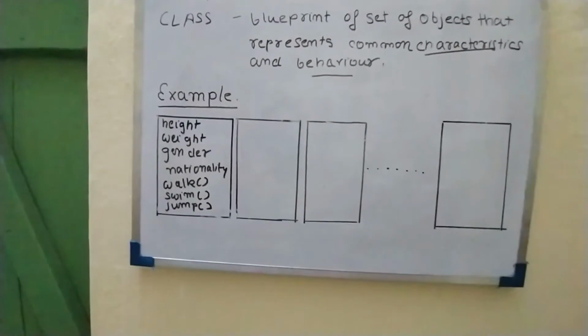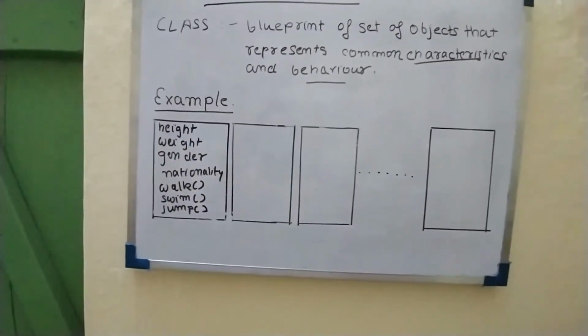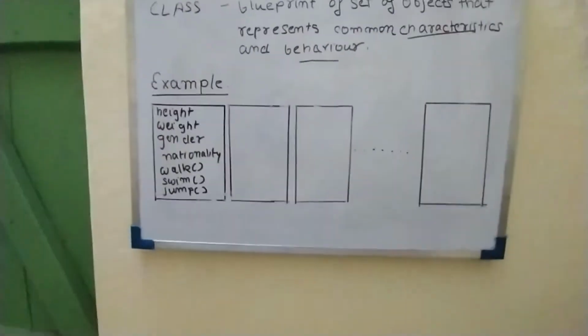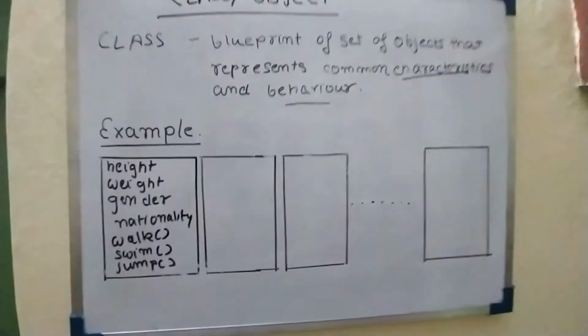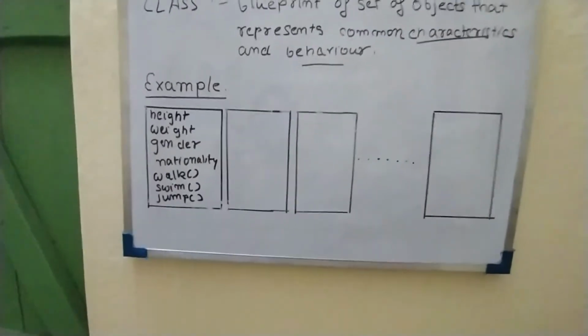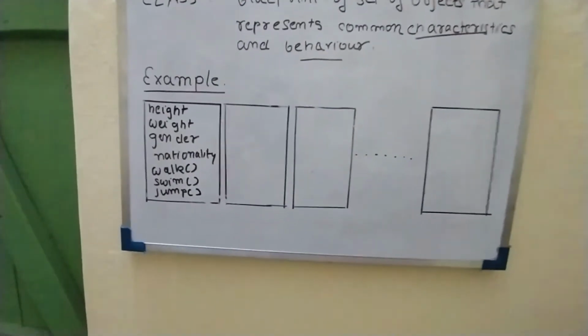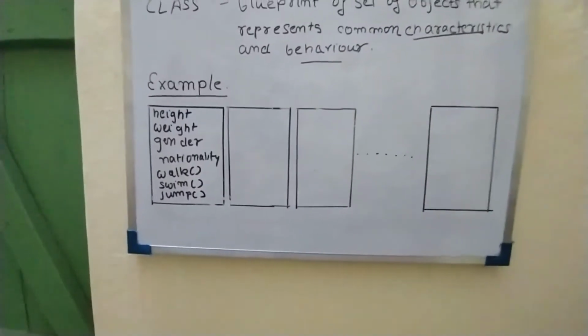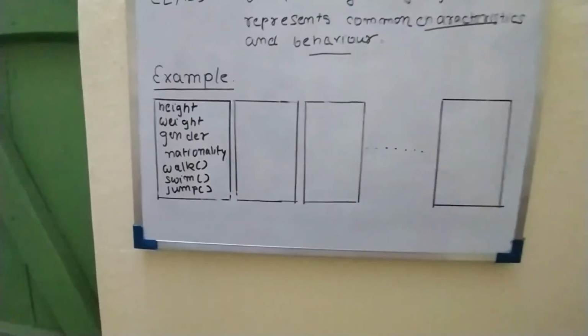Now, suppose this is a blueprint. Fine. This is a structure. A structure in which I have a height, a weight, a gender, a nationality, and three actions: walk, swim, and jump.